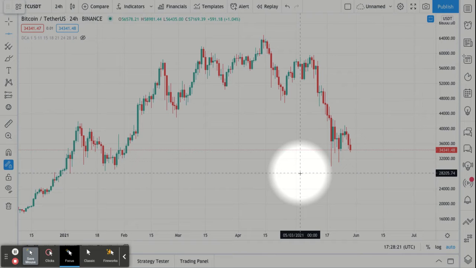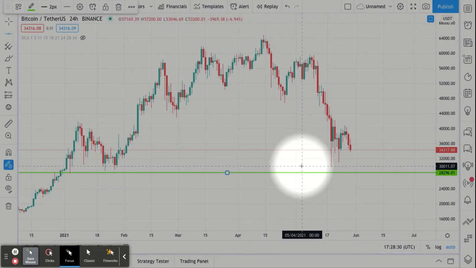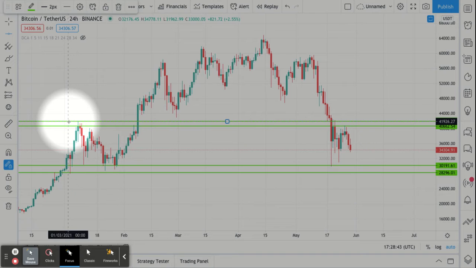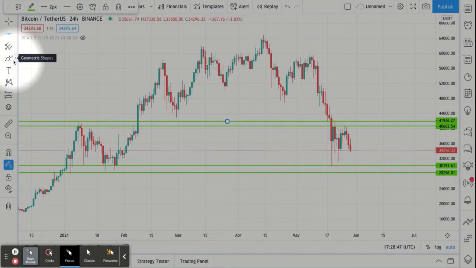I'm going to do two things. The first is to look at a wick, and then I'm also going to look at a body. So I'm going to get an area like that. I'm going to put a body, and then I've got a wick.